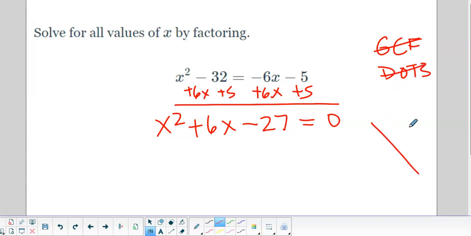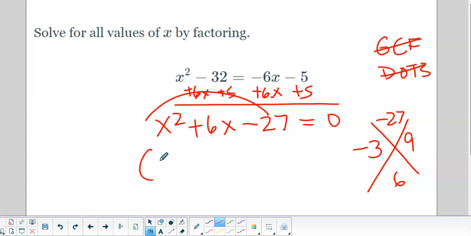So it looks like I'm onto my trinomial diamond pattern. So I need something that multiplies to -27, but adds to 6. For -27, I'm going to get 9 and -3. Since there was nothing in the A position, I don't need to slide divide, so this is x minus 3, x plus 9.